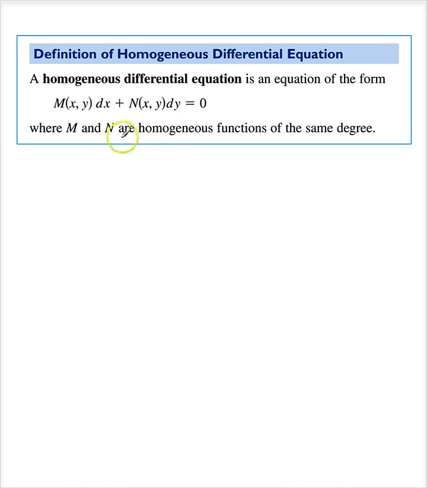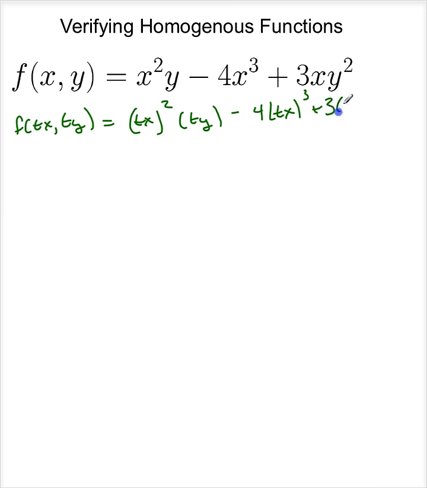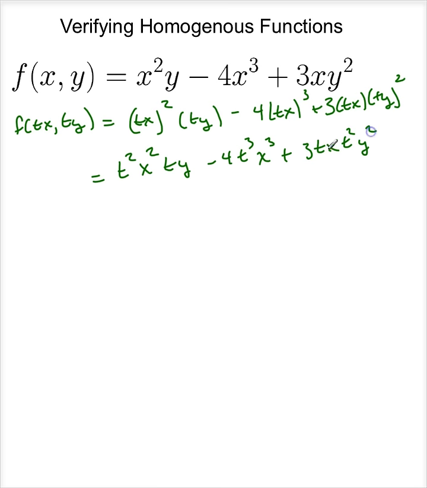So here is x, so this is going to be tx squared times ty minus 4 tx cubed plus 3 tx ty squared. Let's see what we get here. This is t squared x squared times ty minus 4 t cubed x cubed plus 3 tx t squared y squared.